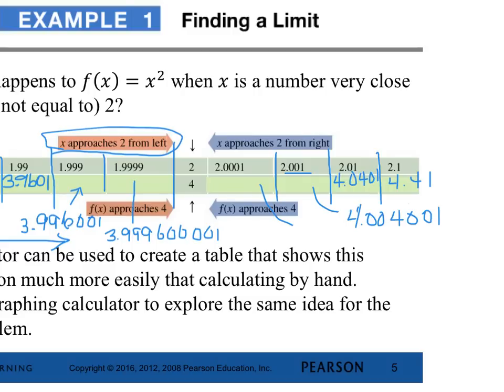And if you take 2.0001, which is 2 and 1/10,000th, the result is 4.00040001, which is indeed very, very, very close to 4, just as 3.9960001 is also very, very close to 4. And so we say that as x approaches 2 from the right, the limit of f of x equals x squared is also 4.